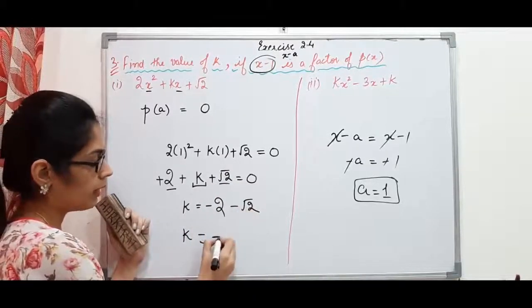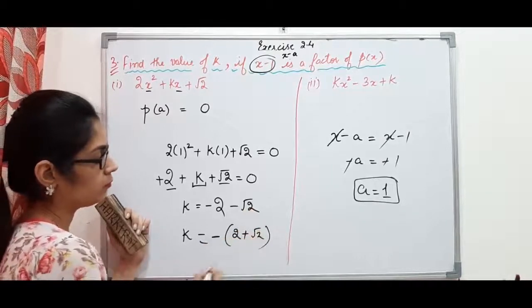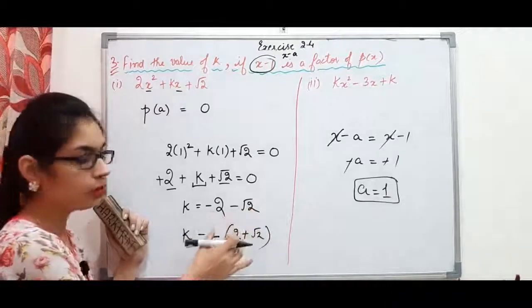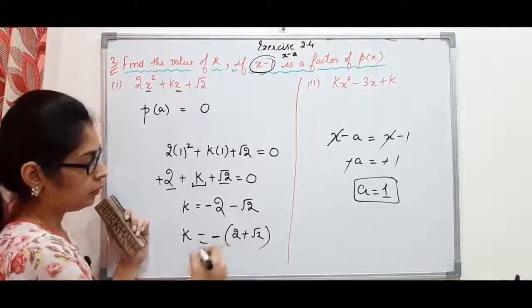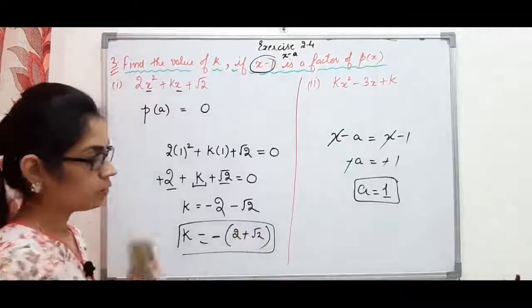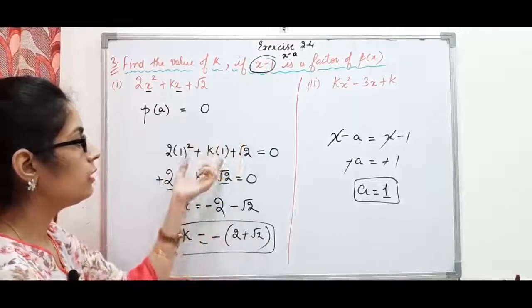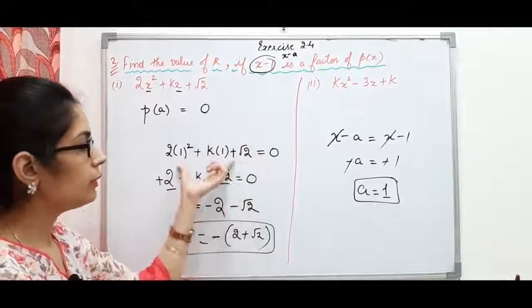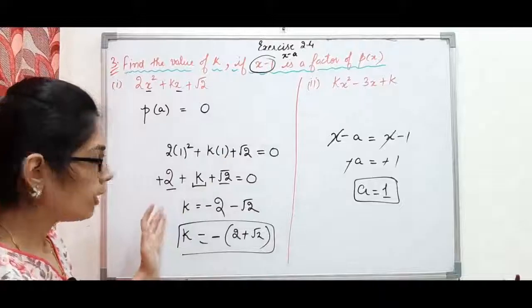You can also write minus outside and write 2 plus root 2, because minus is present in both the numbers, so you can take it outside as common. So simple step: since it's a factor, if we put the value of a, this expression will become equal to 0. So by writing this, we got the value of k.